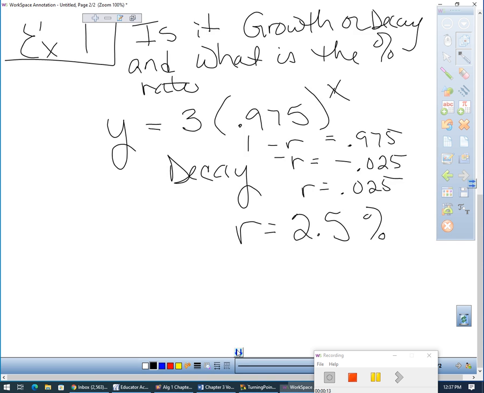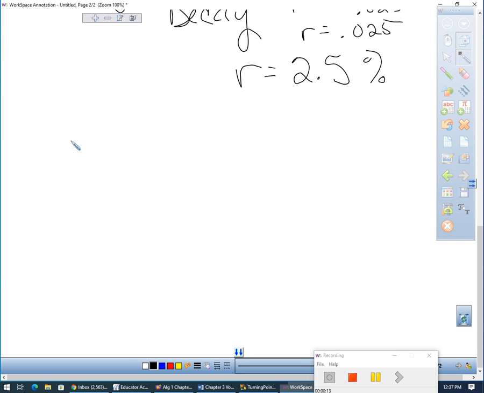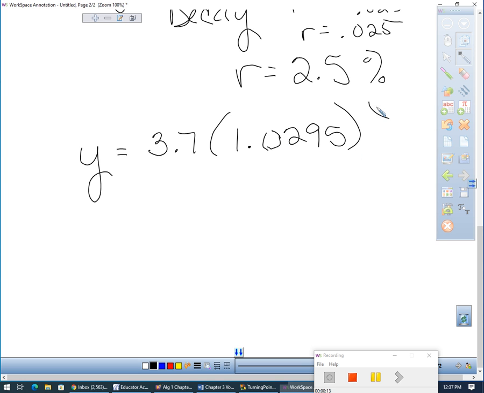Do it again. What about this one? What if I have y equals 3.7 times 1.0295 to the x. This is a growth, I agree.